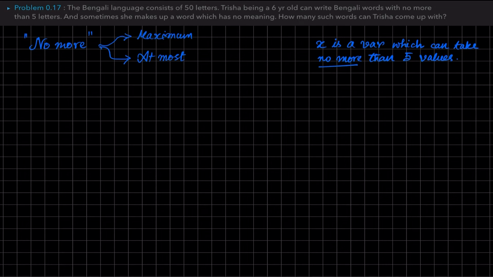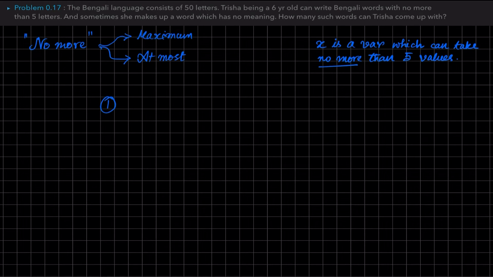Now let's see how this phrase changes the problem. Trisha, being a 6-year-old, can write Bengali words with no more than 5 letters, which means Trisha can write Bengali words with at most 5 letters.